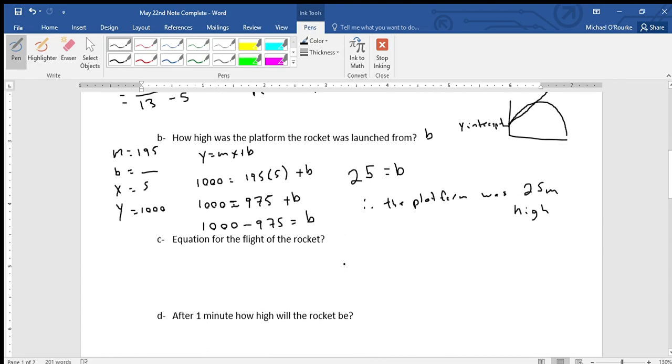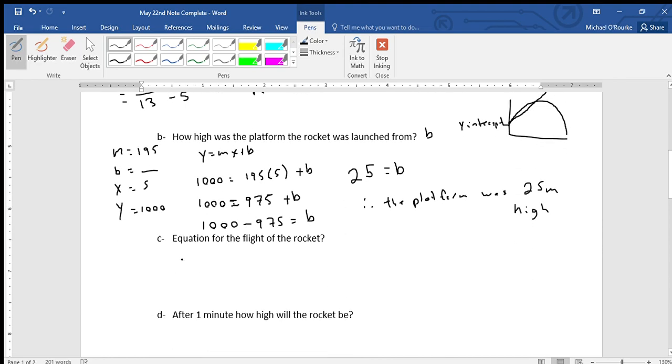Now we have our M and our B. B was 25 and M was 195. Write the equation for flight of the rocket. Well, x and y are going to equal time and height.